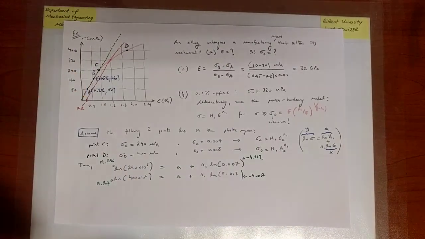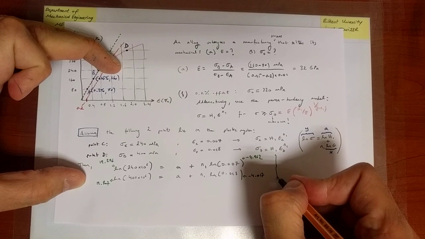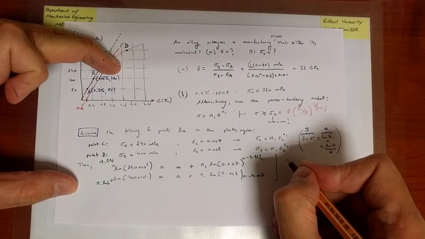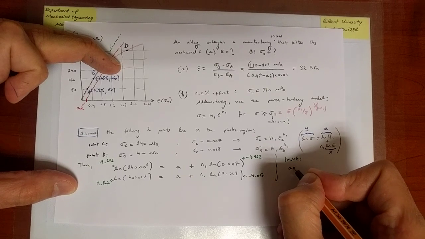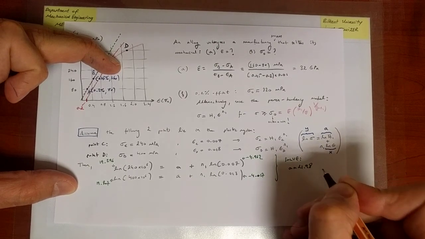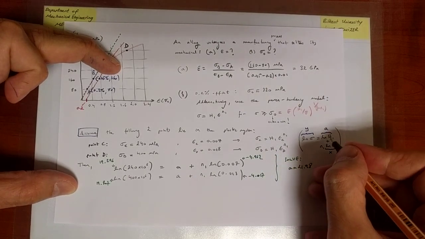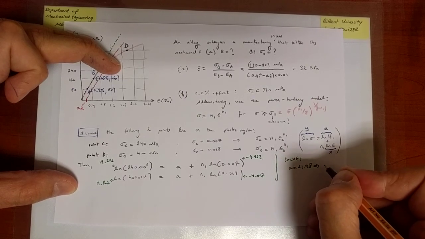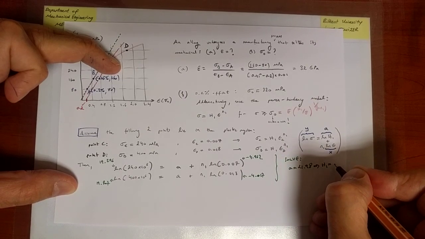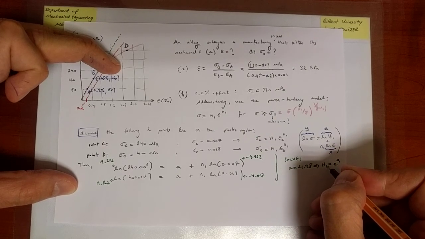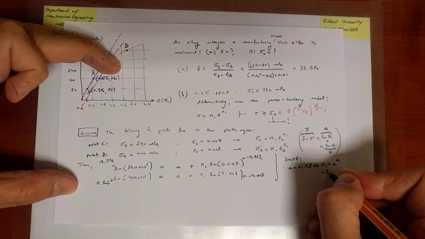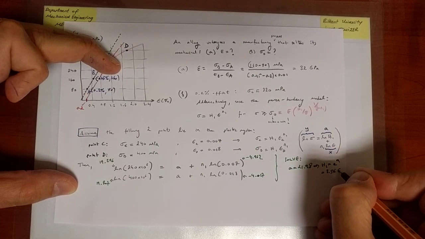So you have two equations for two unknowns, and you can solve for A. After solving, you will find that A is equal to 21.98. Remember, A is ln h1, and therefore h1 is e to the power A, which corresponds to a value of 3.516 GPa.